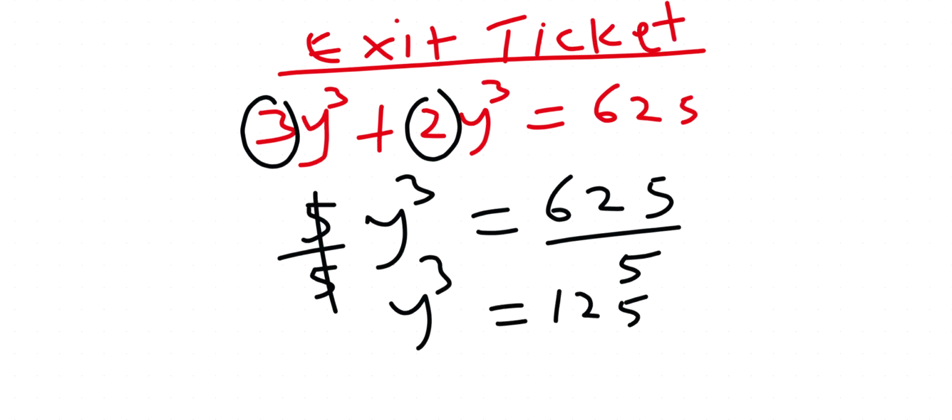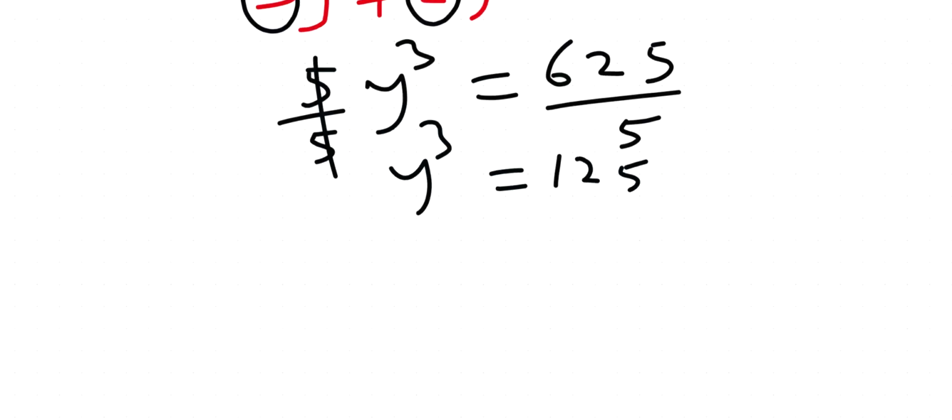And from there, you can use either of the methods I use. So y raised to power 3 is the same thing as 5 raised to power 3. Your power will cancel and y is equal to 5.